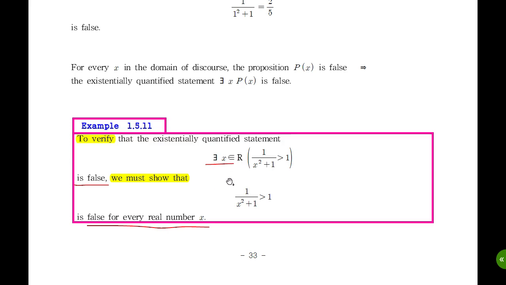We have to show that 1 over x squared plus 1 is bigger than 1 is false for every real number x. If we show this is false for every real number, then it is equivalent to showing there does not exist x such that this is true. So in order to show this existentially quantified statement is false, we have to show it is false for every x in R.